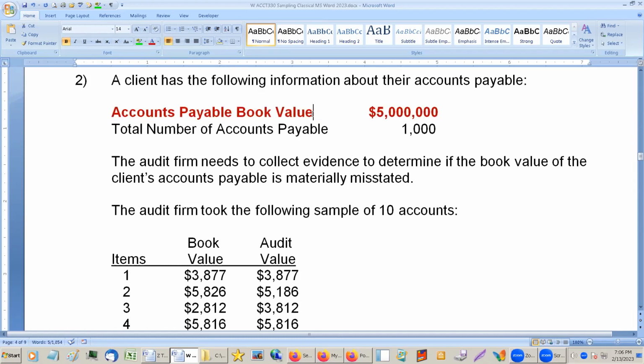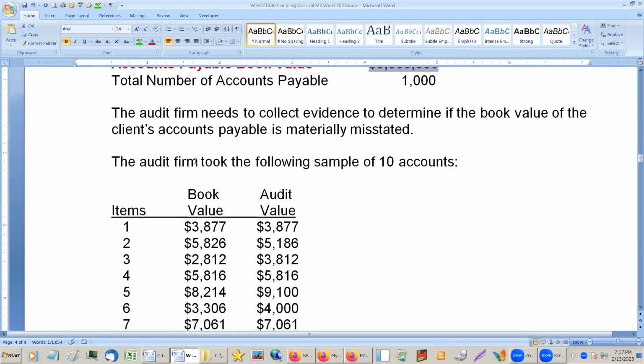So basically, the client comes to us and they'll have something on their books like this: they have accounts payable, the book value is $5 million. And now we have to get evidence, and evidence either corroborates or refutes the client. So it either supports the client or it goes against the client. If it doesn't do either of those, it's not evidence.